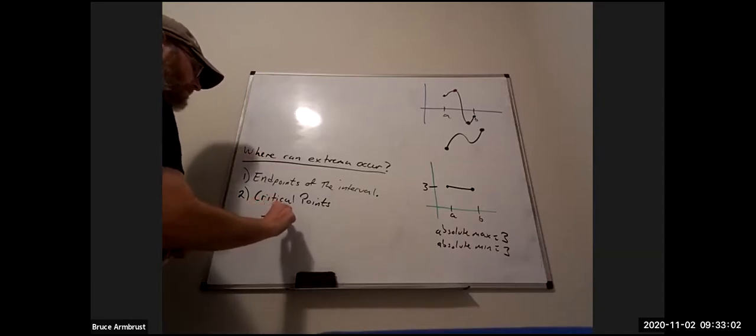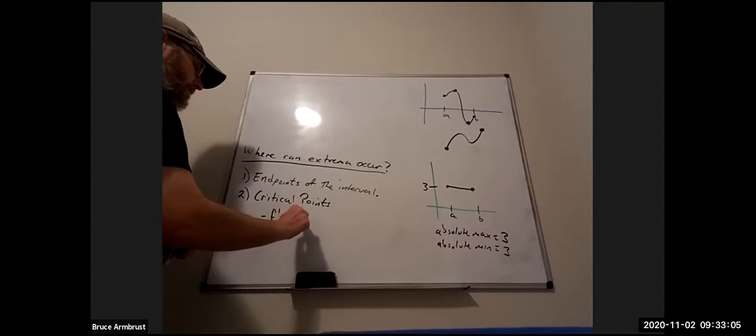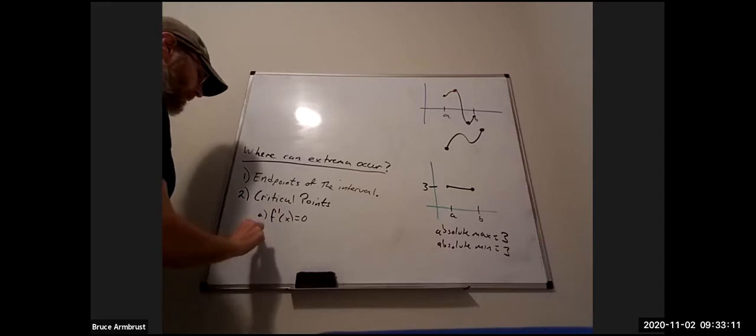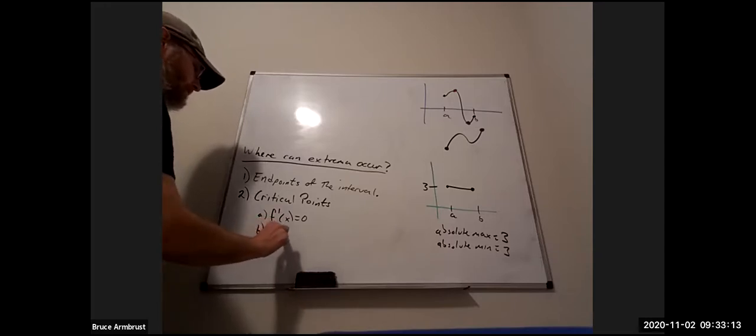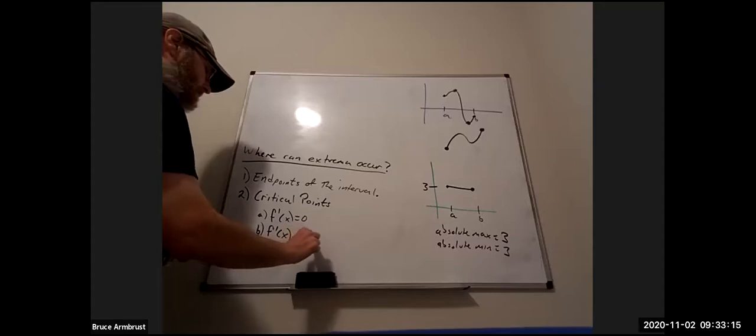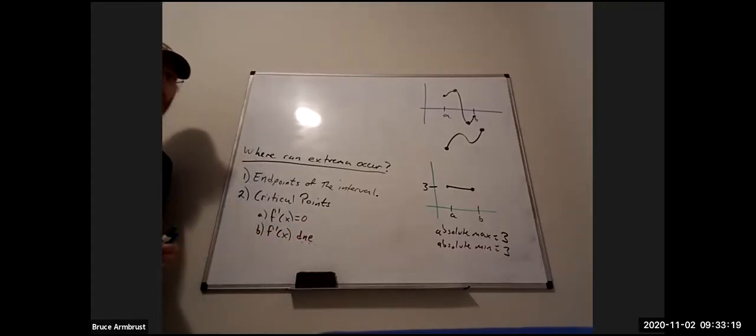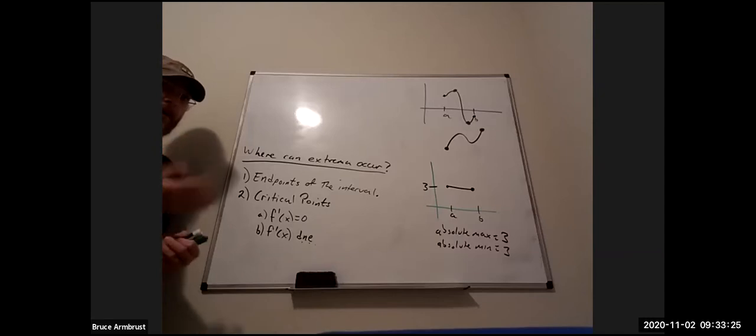One is that the derivative is equal to 0, or the other is that the derivative does not exist. DNE, does not exist. So places where the derivative is 0 or non-existent are what we call critical points.